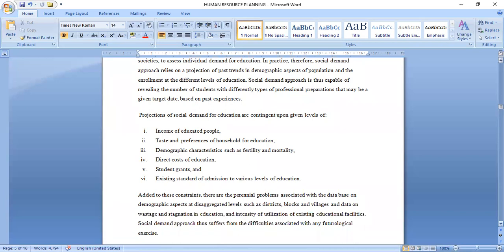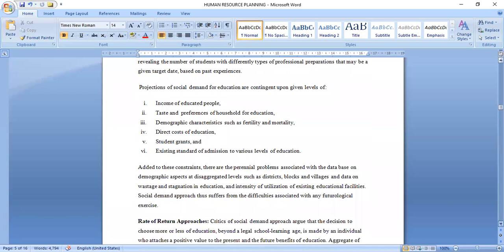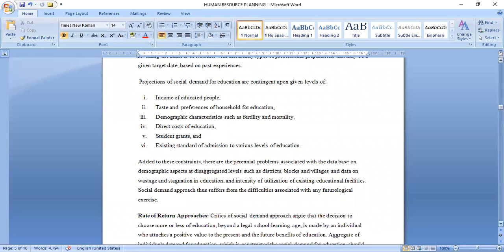So for the projections, when the human resource planners are carrying out projections on this approach of social demand for education planning, they have to base on the following factors. Number one is that they have to look at the income levels of educated people.